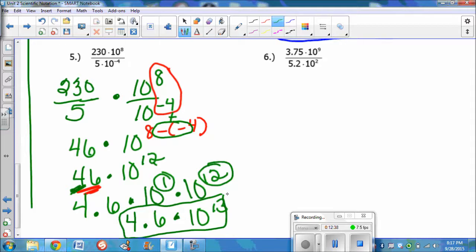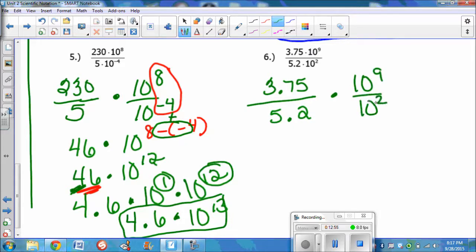We have one more, number 6. Okay, and number 6, let's do the same thing. Let's separate that fraction. So we're dividing coefficients, and then we're dividing powers of 10. And I want you to go to your calculator right now, and I want you to divide 3.75 divided by 5.2.